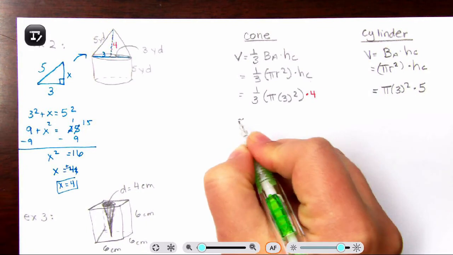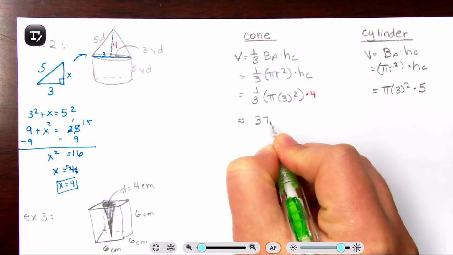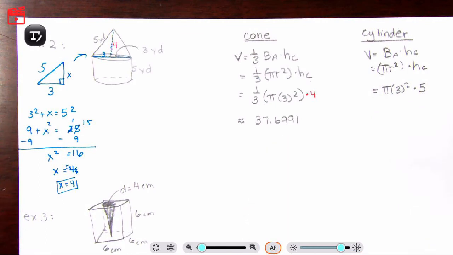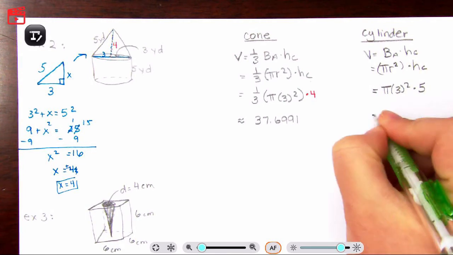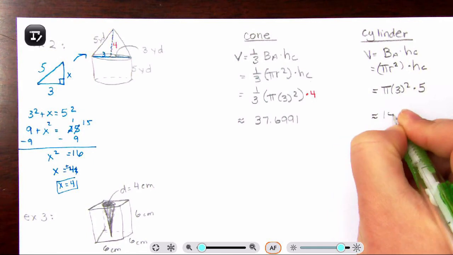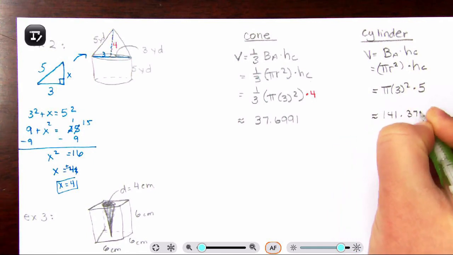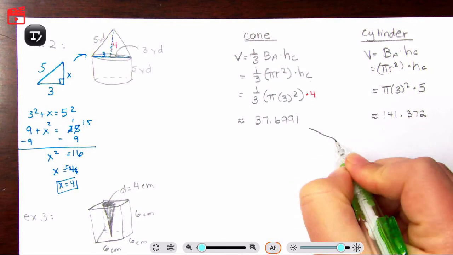And I actually rounded on this one. I have 37.6991. Let's do this one. 9 times 5 is 45. 45 times pi is about 141.372. Again, did we combine or did we remove?